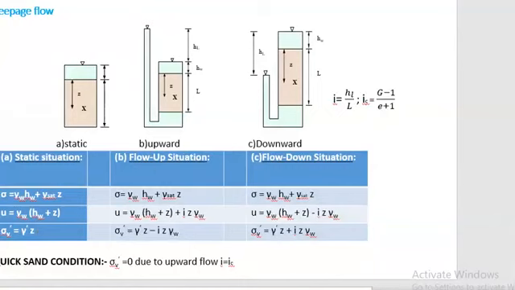For upward flow situation, in the pore water pressure we will add i Z into gamma W. This is the difference.